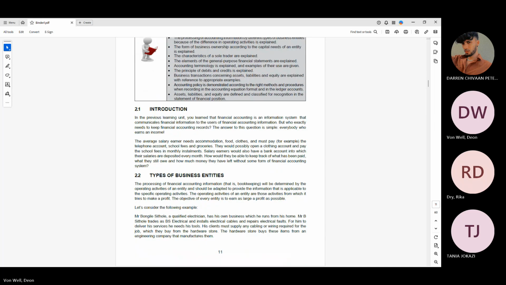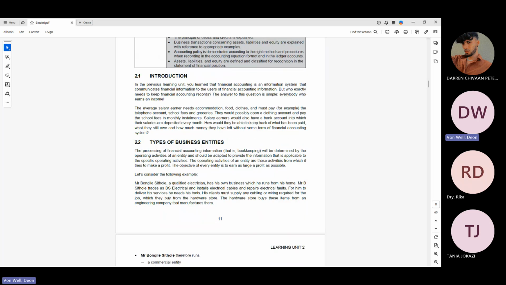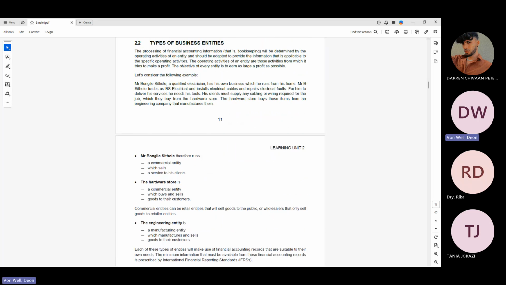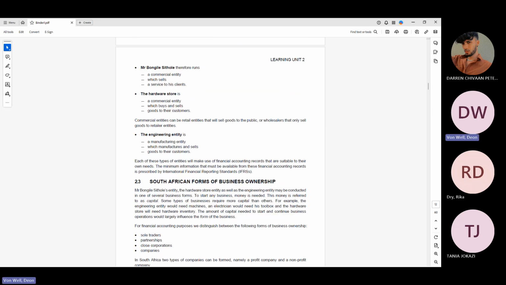So when we look at our assets, equity, and liabilities, we must remember that to be able to identify assets, equity, and liability, I must know what is an asset. I must know what is a liability. I must know what is equity. So it is very important to be able to identify an asset, to identify equity accounts, to identify liabilities.